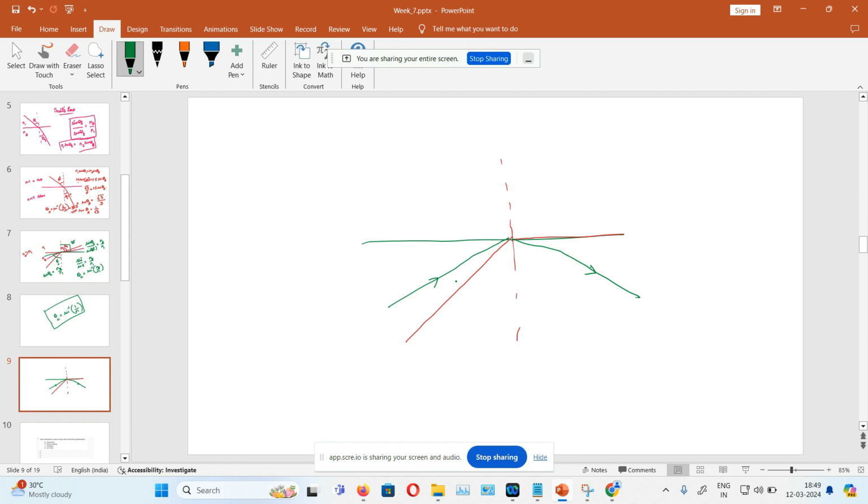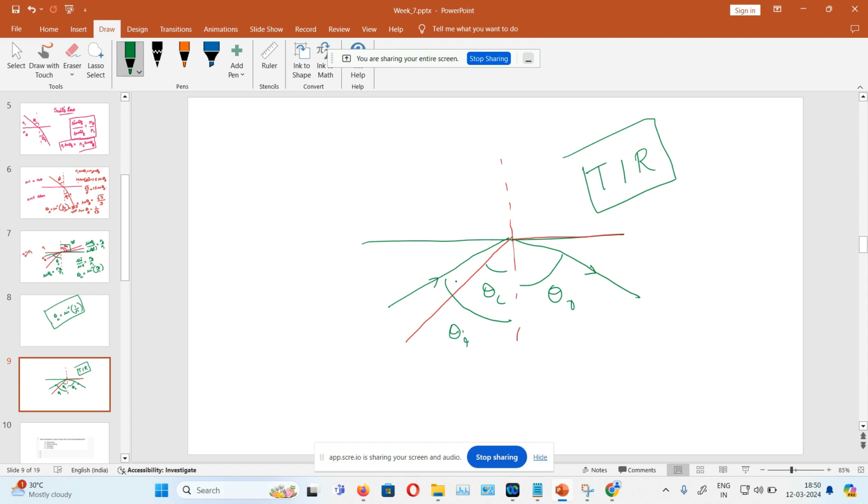And this phenomenon is called total internal reflection, or TIR. When the angle of incidence is more than the critical angle, all light will reflect back to the denser medium itself, and there will not be any loss in that.